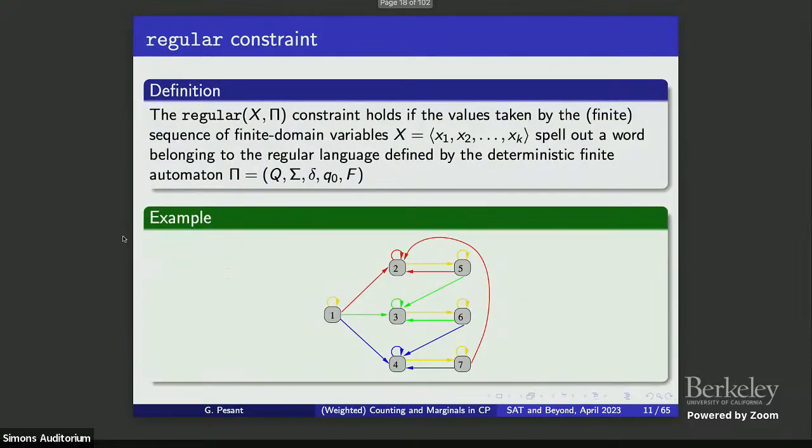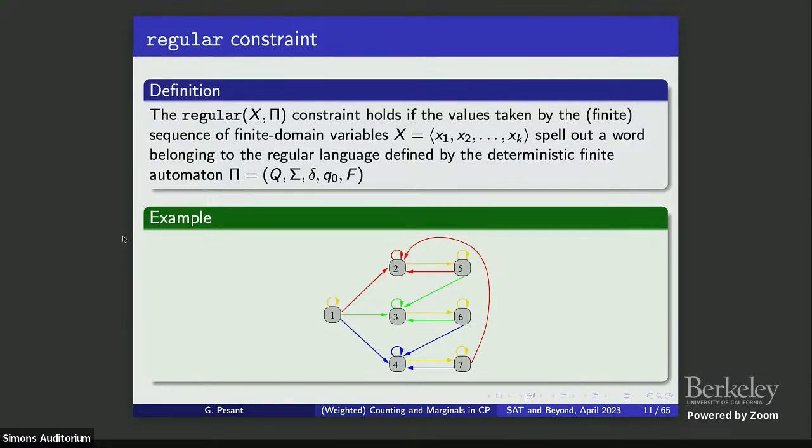Okay, I'll recall that, but let me first define what the regular constraint is. It takes its name from regular languages, so automata here. The regular constraint over a finite sequence of finite domain variables, x1 to xk, holds if that sequence spells out a word recognized by the automaton, by the regular language.